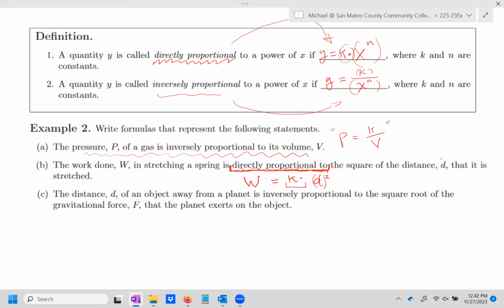Remember? How does that sound? Make sense? Okay. The distance D of an object away from a planet is inversely proportional to the square root of the gravitational force. Inversely proportional to means K divided by the square root.